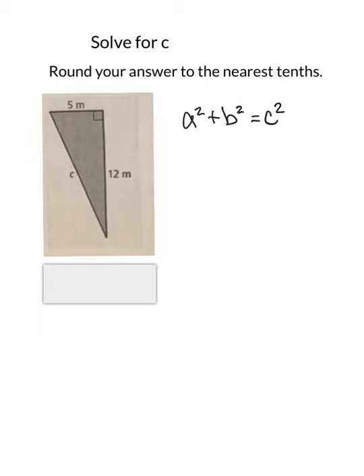It does not matter which leg is A and which leg is B. I'm going to put in 5 as one of the legs and 12 as the other leg, and we're looking for c squared. 5 squared is 25. 12 squared is 144.